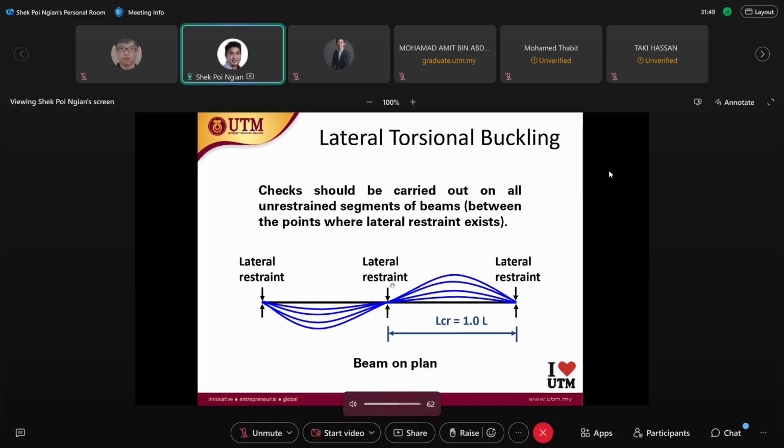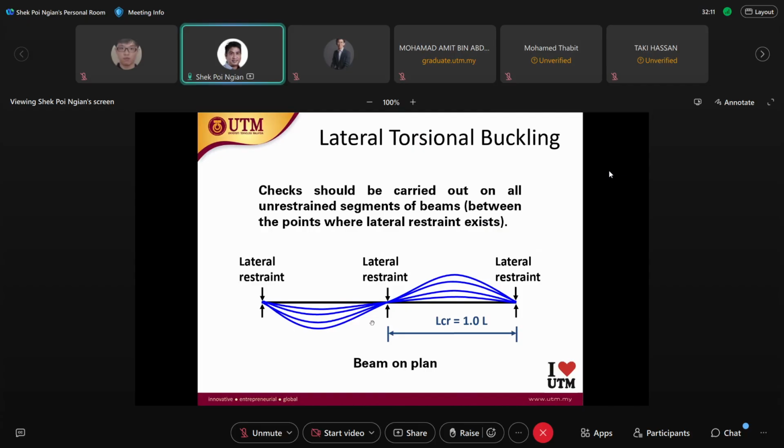Because of this lateral restraint, your beam is not able to twist. You prevent the beam from twisting at the support. So your beam will tend to twist from one support to another support.